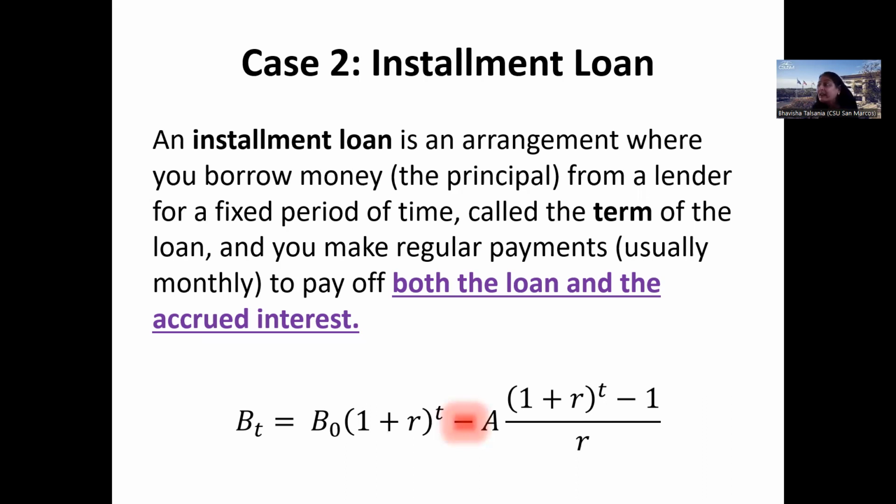So here we are getting a principal amount to borrow. Say you borrow $10,000 and you promise to pay that back in 5 years at, I don't know, 2% interest. Then our B of 0 is going to be the principal amount that we borrowed.